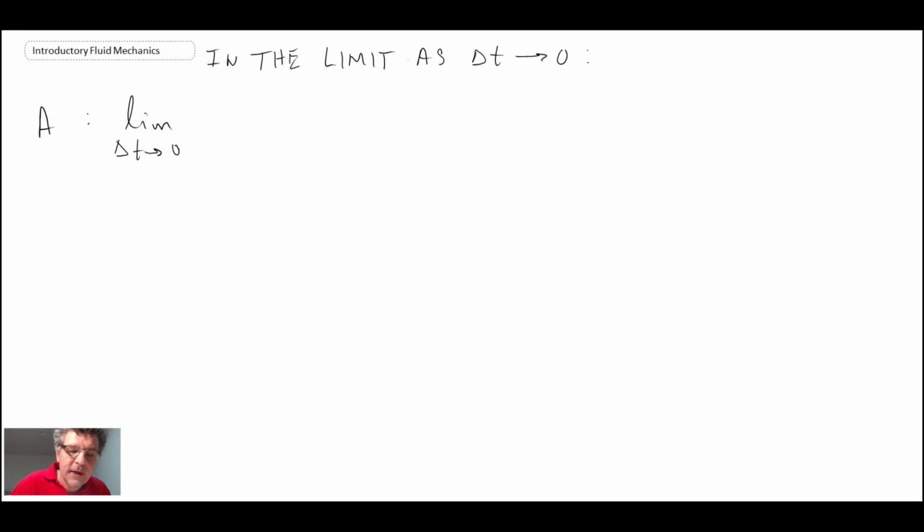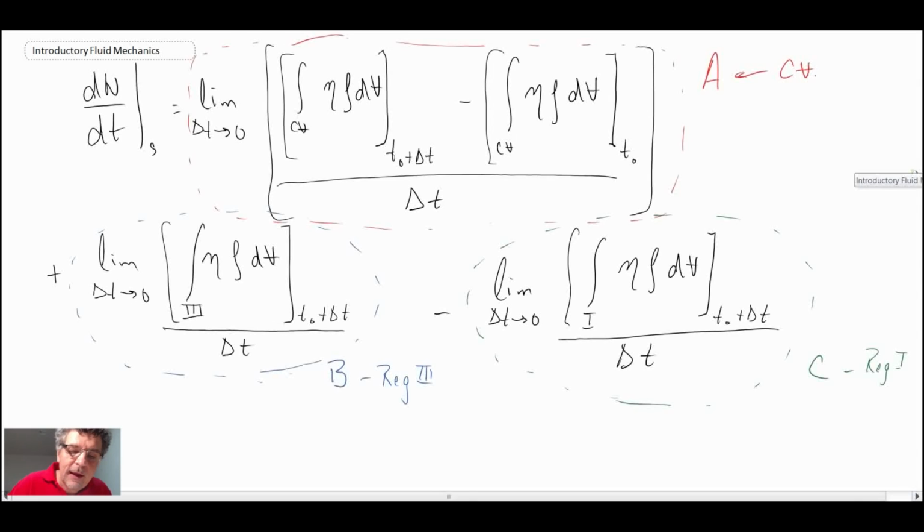So in the limit, as delta t goes to 0, what you'll notice in the expression for A, this here and this here, is just the value of n evaluated for the control volume at either T0 plus delta t or T0.